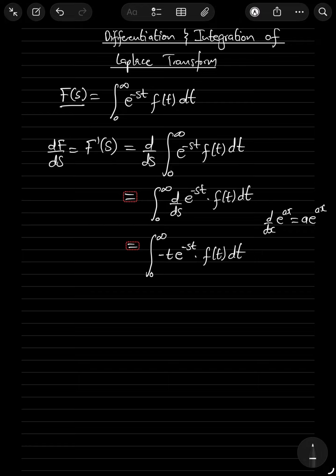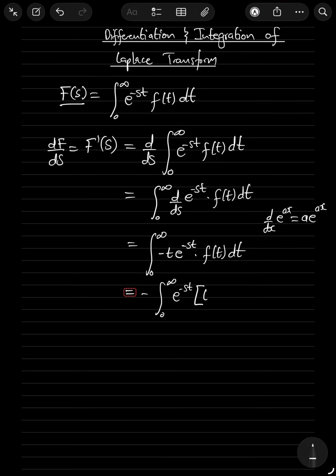So I'm going to factor out the minus, and I'm still left with the integral of e^(-st) times t f(t), just grouping these two. Now when you look at this, again you're finding the Laplace transform of a function.